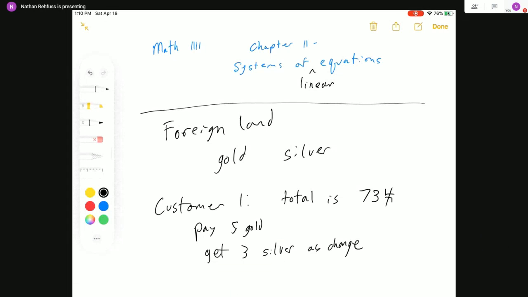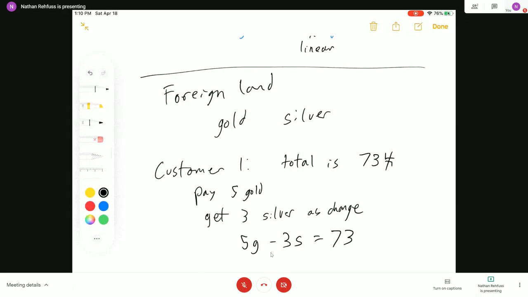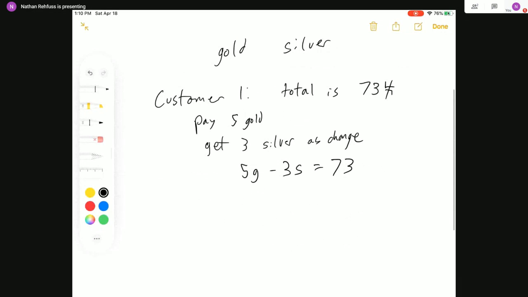So what we know is that 5 gold minus 3 silver is 73 fantasy dollars. And that's how I'm going to write that. I'll write G for the value of gold and S for the value of silver. And that way that statement says, well, 5 gold coins is $73 if you then get 3 silver back. So that's our first customer.